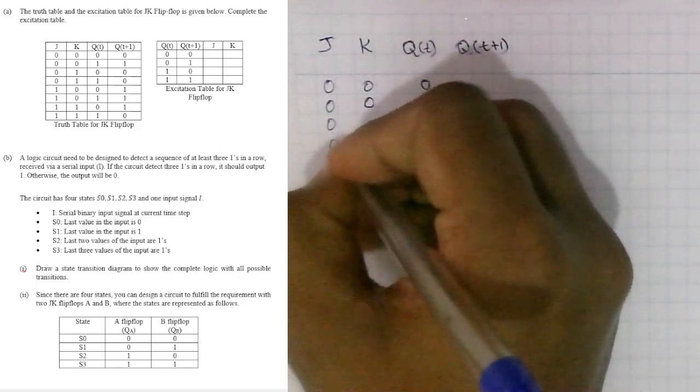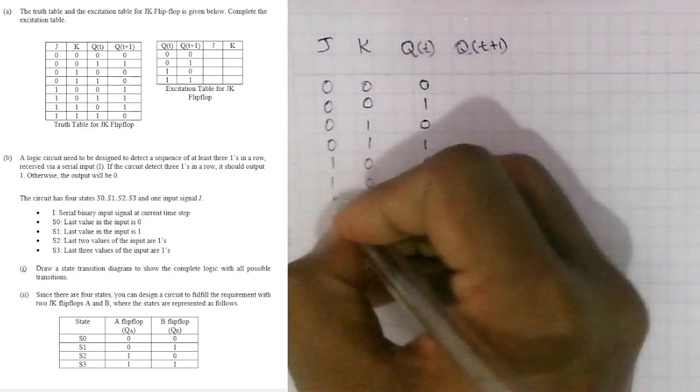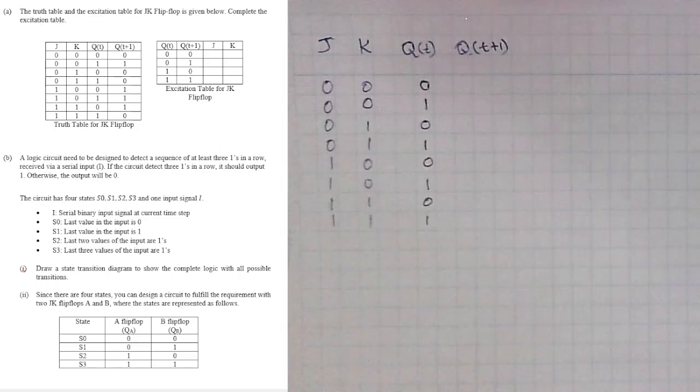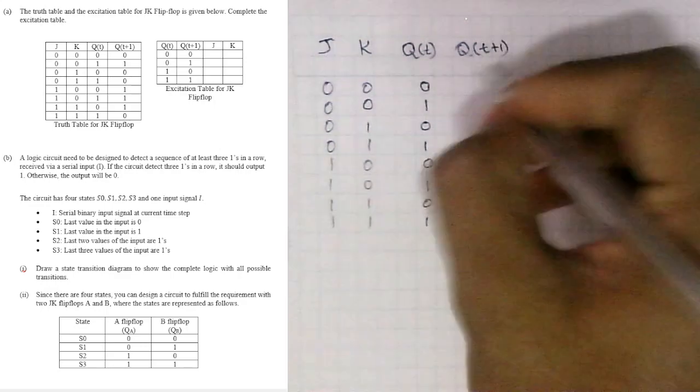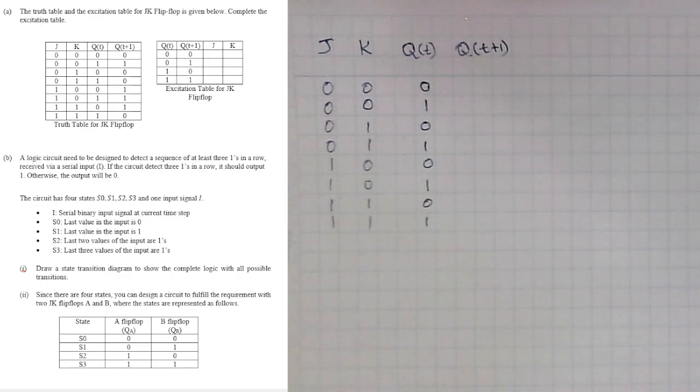So this is the standard configuration for all the configurations which can be there in any type of situation. At each of these situations, let's see what Q(t+1) is going to be.